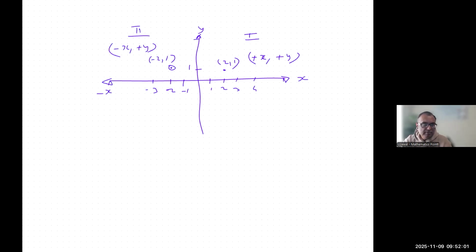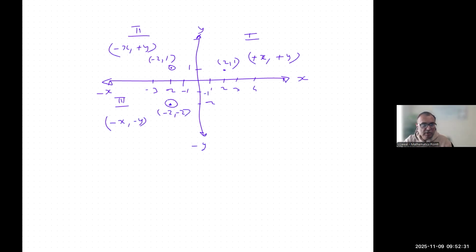Third quadrant. Let's say this point here is -2, -2. So in the world of the third quadrant, my x is negative and my y is negative as well. And I write the bottom part of my vertical line, the y-axis, as -y.